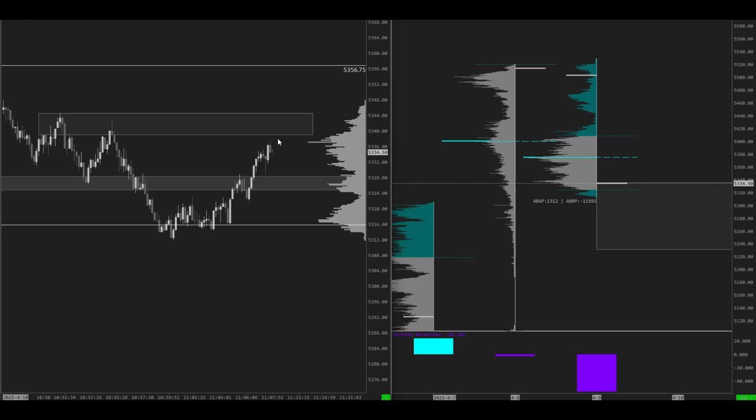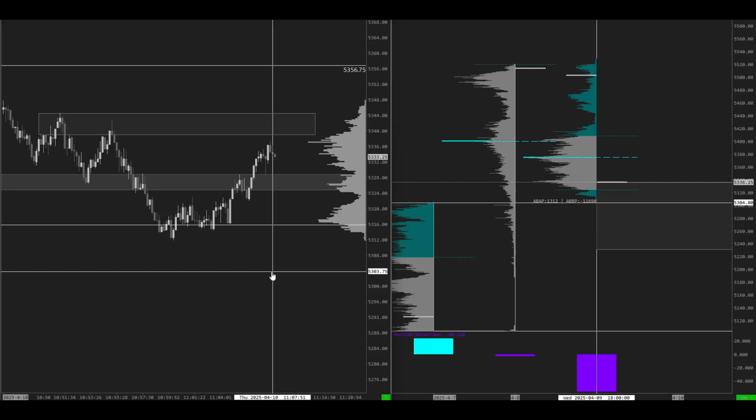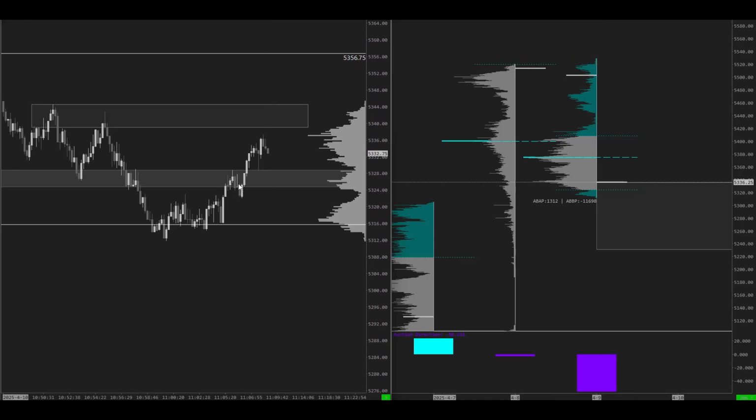I tested near it and bounced, so move that up just slightly to match these pivots. Really nice when they touch on both sides like that, and here as well. We could lose this again, that would be really pretty nice.